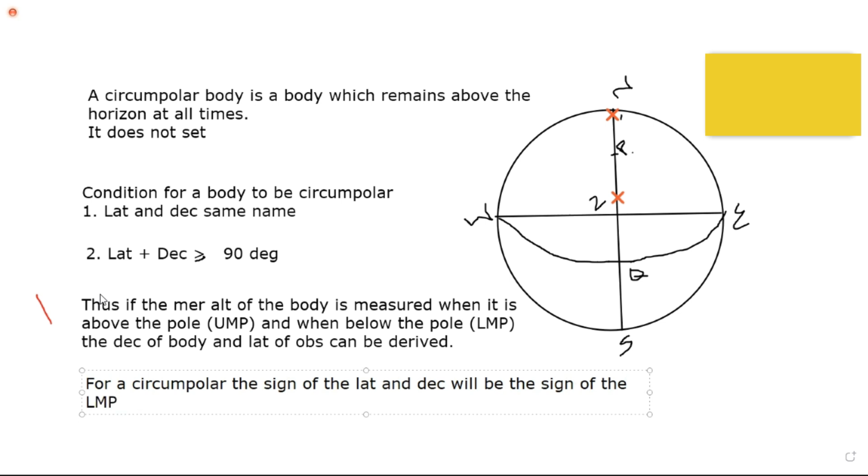Lower meridian, north meridian, in this case, the lower meridian north, but upper meridian passage can be south of the observer also. ऐसे भी हो सकता है. So if it is north and south, lower meridian passage में जो है वही है तुम्हारा sign of latitude and declination, because that is where it is. This cannot go anywhere. It has north of the observer, depending on the latitude and declination, north or south.